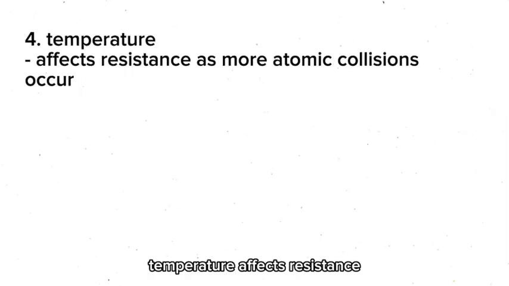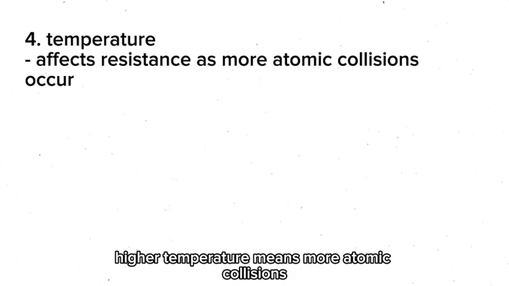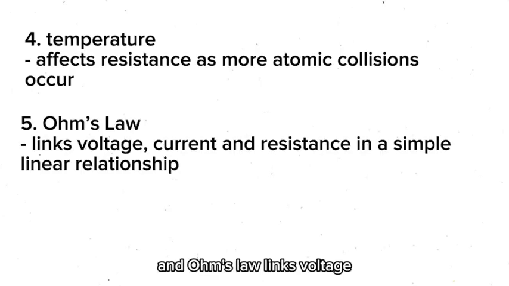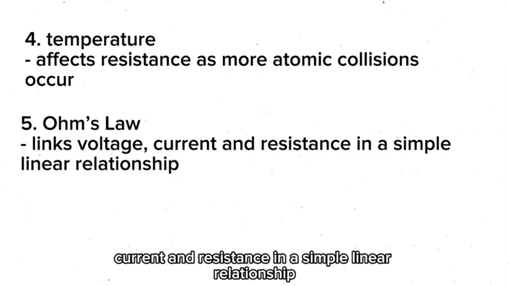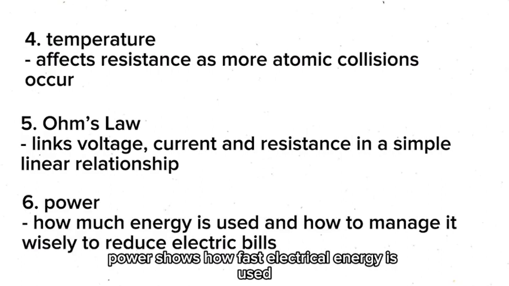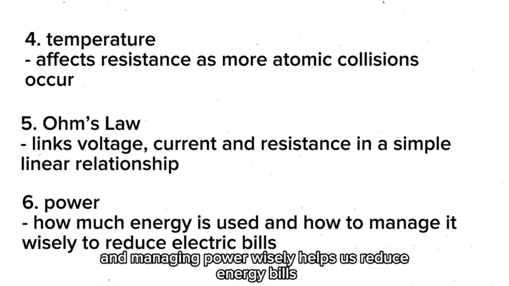Temperature affects resistance. High temperature means more atomic collisions. And Ohm's law links voltage, current, and resistance in a simple linear relationship. And lastly, power shows how fast electrical energy is used, and managing power wisely helps us reduce energy bills.